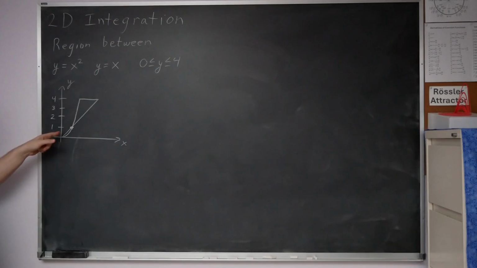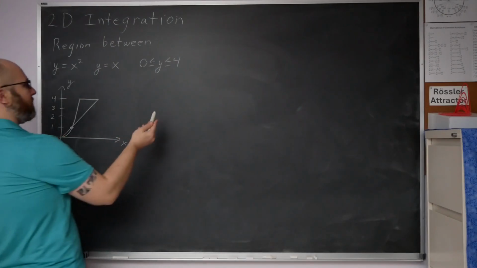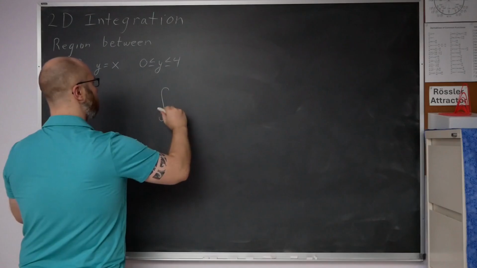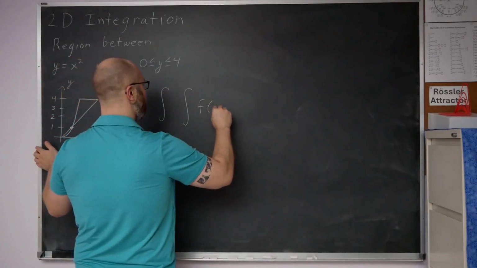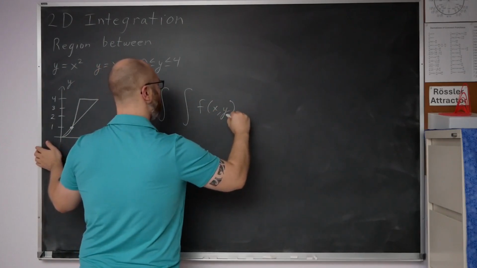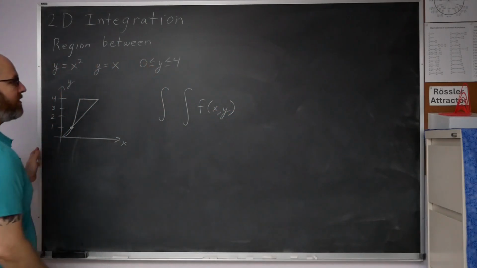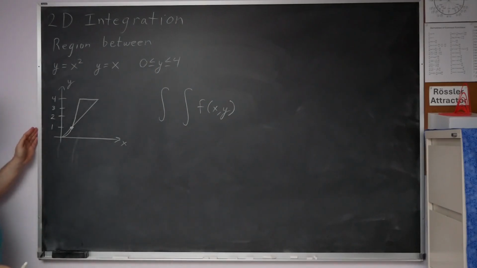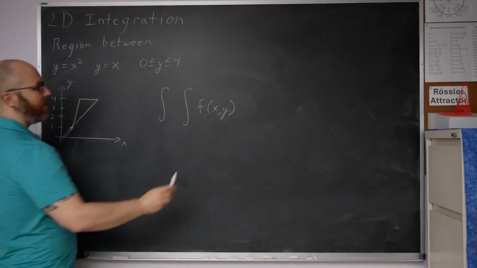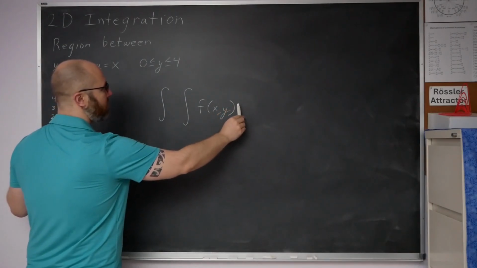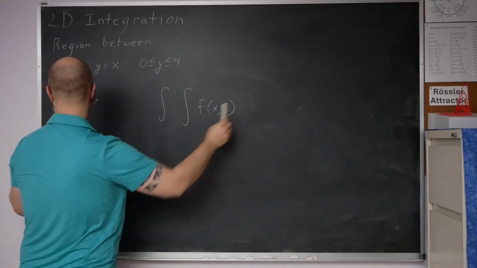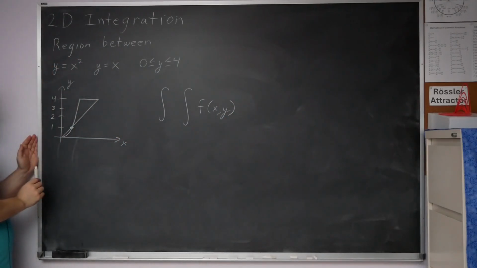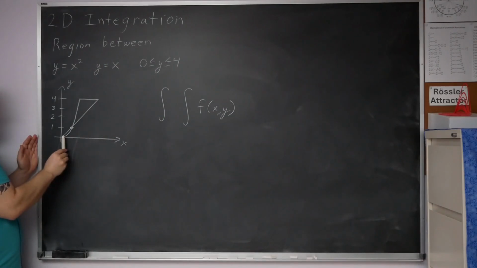All right, so let's go ahead and look at our double integral then. And let's say arbitrary function f of x comma y. And now we want to know d what? Which order is easier? Okay, well what if we did dy dx? If we do dy dx, then we pick an x value, then we do dy in the interior.